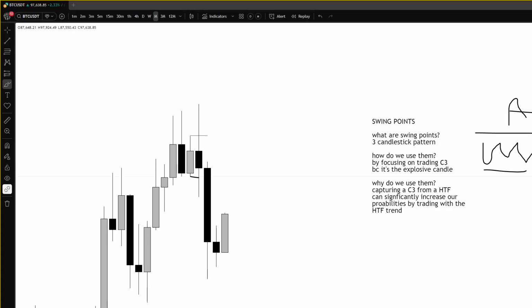Then we have a manipulation to create the low of the candle. This is usually happening in London. And then we get the distribution in New York and the pullback and redistribution, like Mir was talking about.